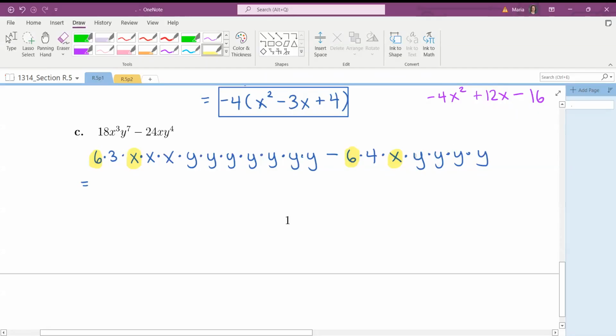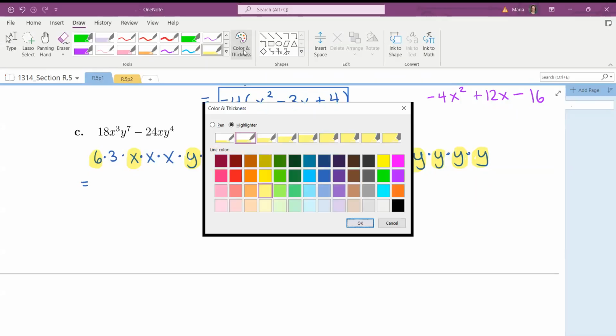And then I see a bunch of y's in common. I see 4 y's in common. This y matches up with this y. This y matches up with this y. This third y matches up with the third y over here. And the fourth y matches with the fourth y. So what's highlighted in yellow is what's common to both sides of the subtraction sign.